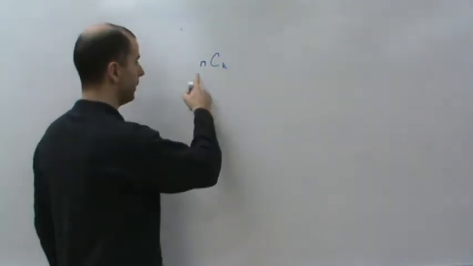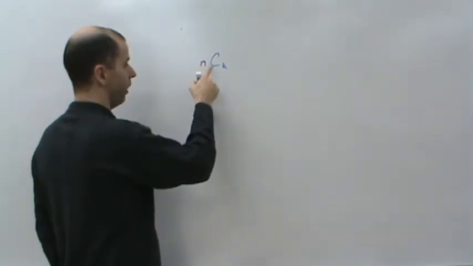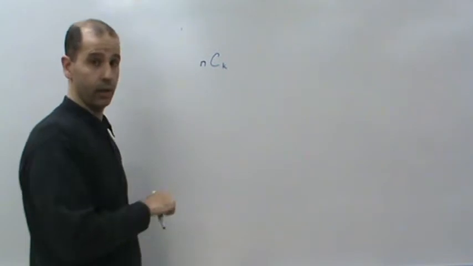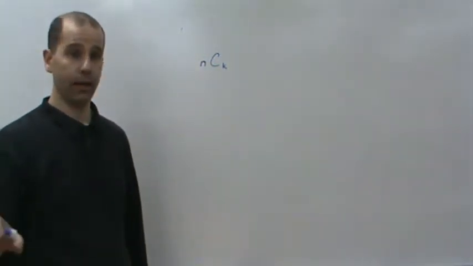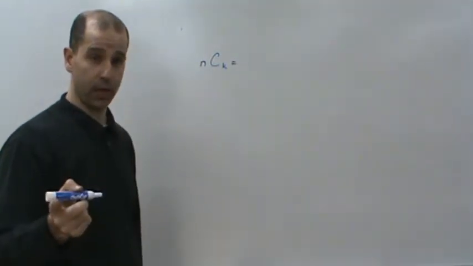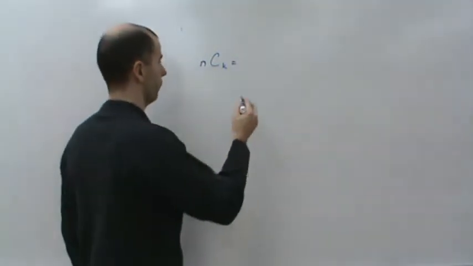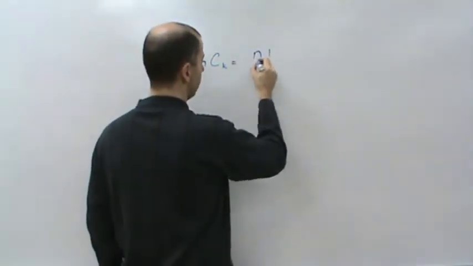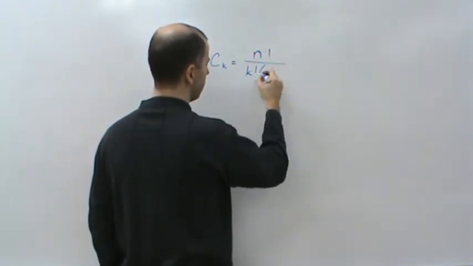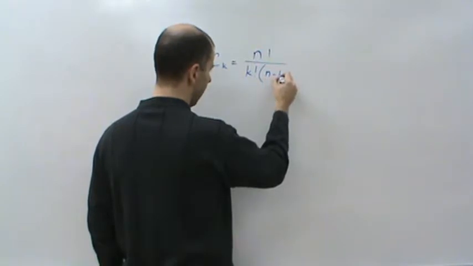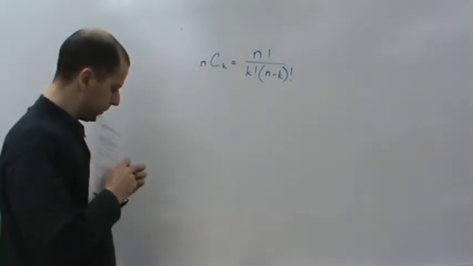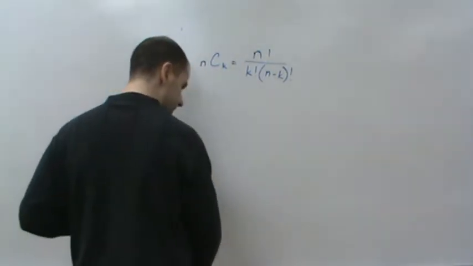How many different combinations of k objects can I get out of n objects if order doesn't matter? The formula is very similar to the formula for permutations except for one addition. It's n factorial over k factorial times (n minus k) factorial. So the one piece that's different is this piece here.